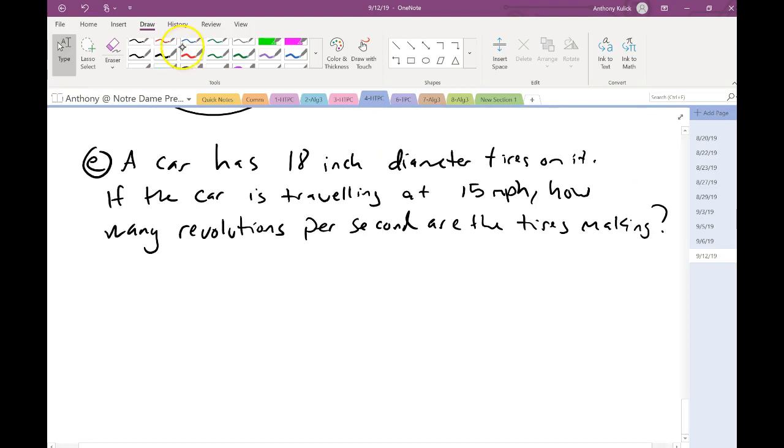So suppose that a car has 18-inch diameter tires on it, and if that car is traveling at 15 miles per hour, how many revolutions per second are the tires making? So what quantity are we asked to find in this question?